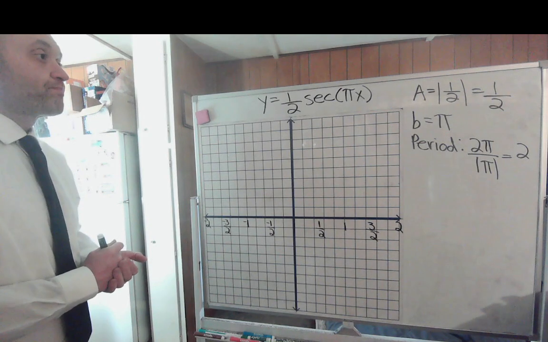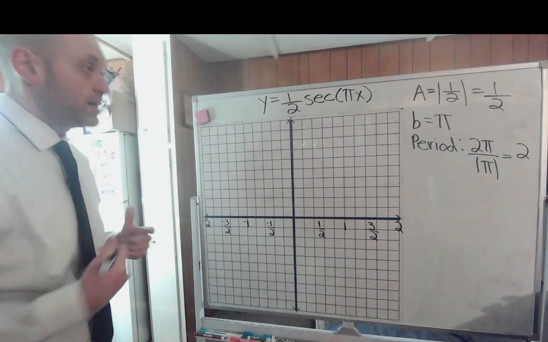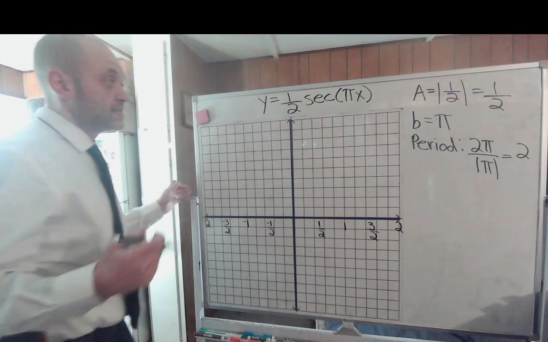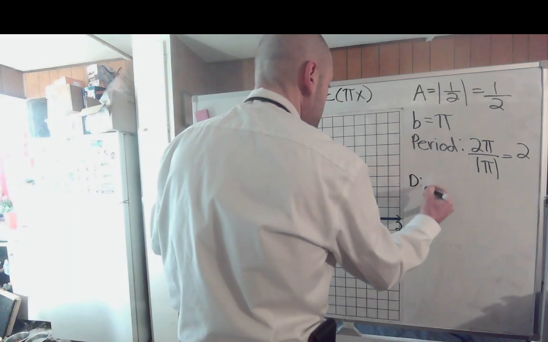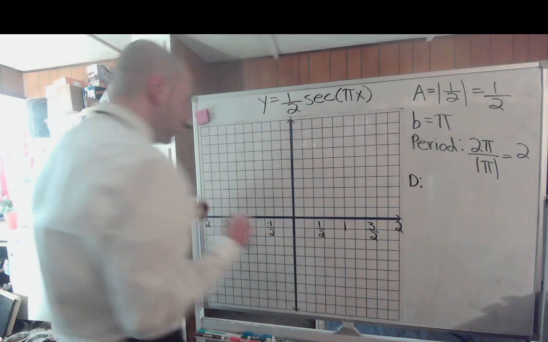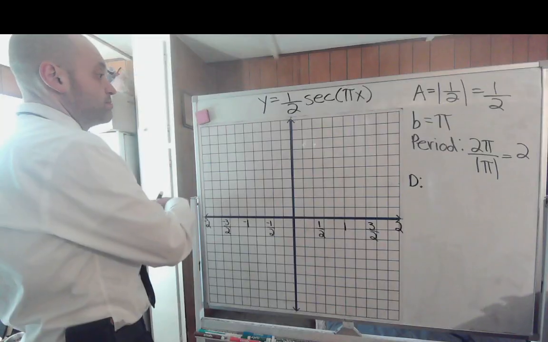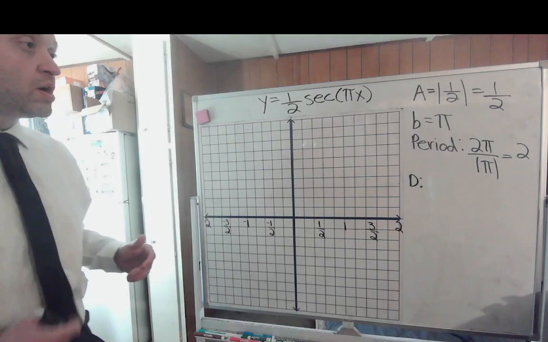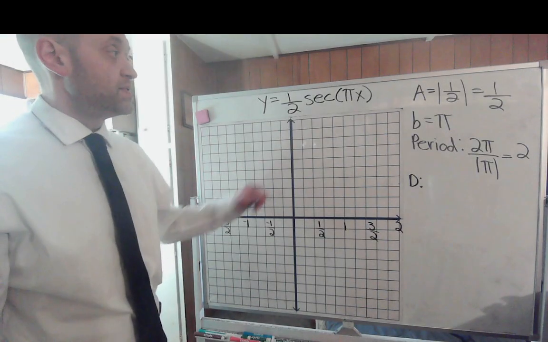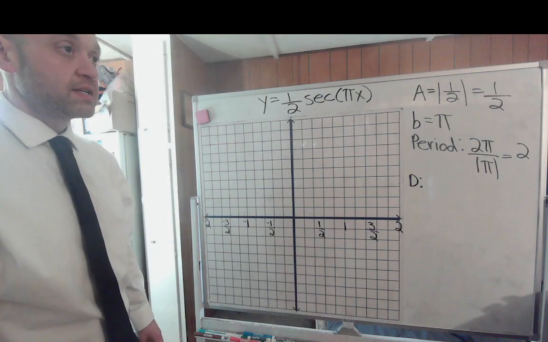Okay, now we found our amplitude and we found our period. What is the domain of the secant function in this case? Well, it might help if we start graphing this. If we put in 0 for x, what are you going to get?